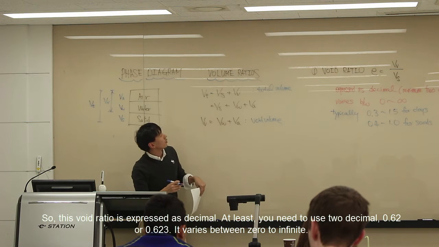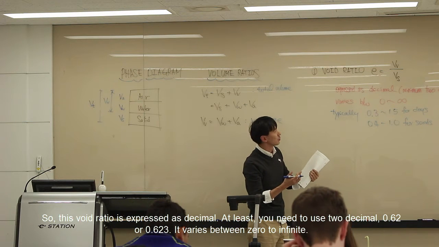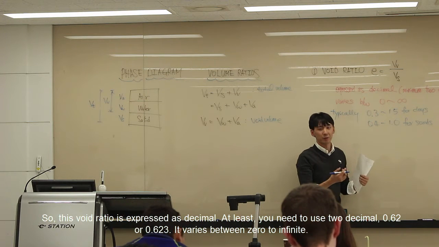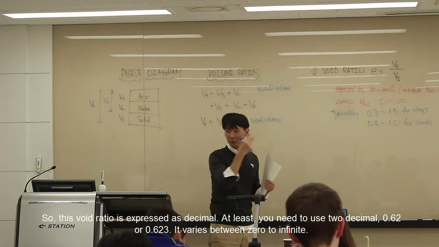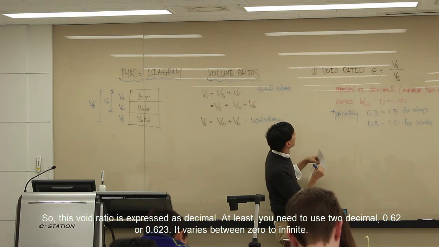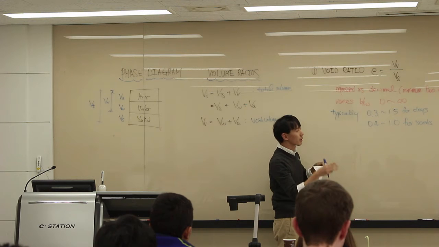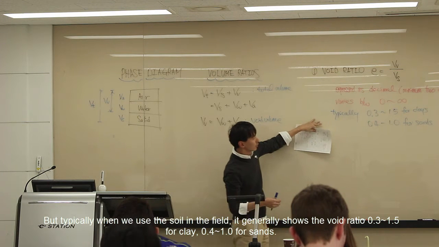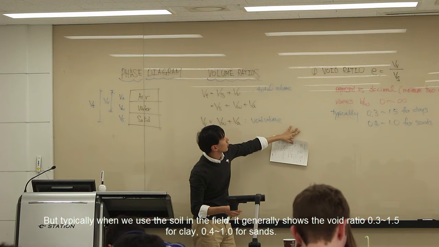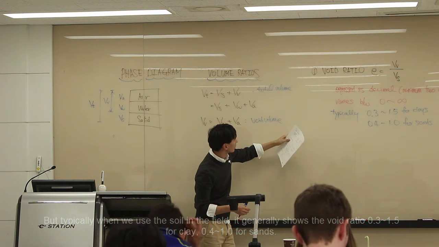This void ratio is expressed as a decimal, and at least you need to use 2 decimals. So 0.62 or 0.623, 3 decimals is needed. And it varies between 0 to infinity. So theoretically you can go up to infinity. But typically when you meet the soil in the field, it generally shows a void ratio of 0.3 to 1.5 for clay, 0.4 to 1.0 for sands.